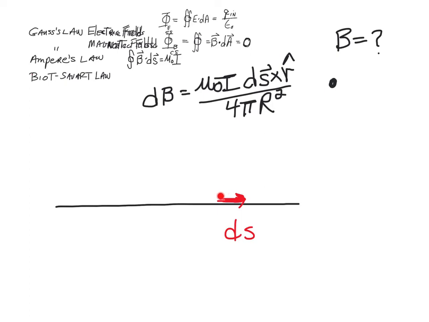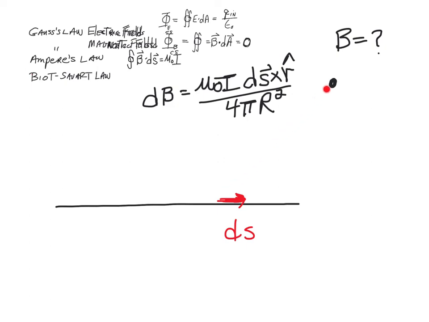So there's an r hat here that gives us the direction from the ds toward the point we're evaluating. And it's going to depend on the distance, this distance r, the distance away it is squared. So it kind of makes sense, right? We know a point charge has a field and a force which depends on 1 over r squared.